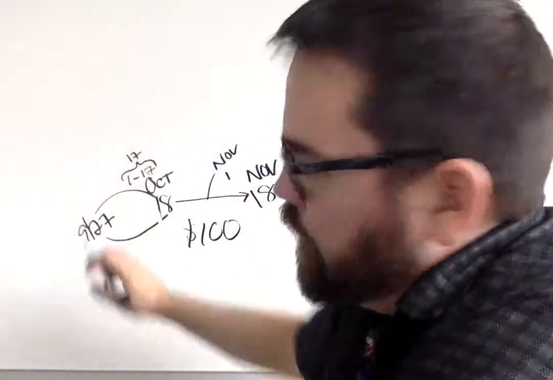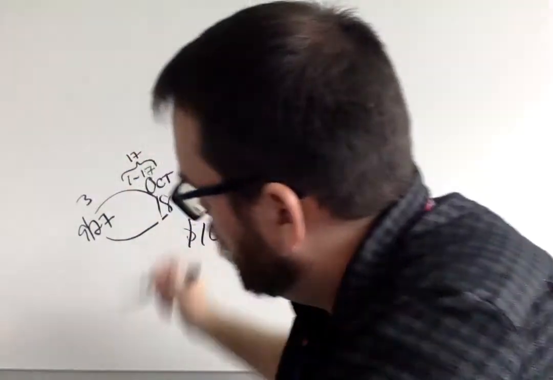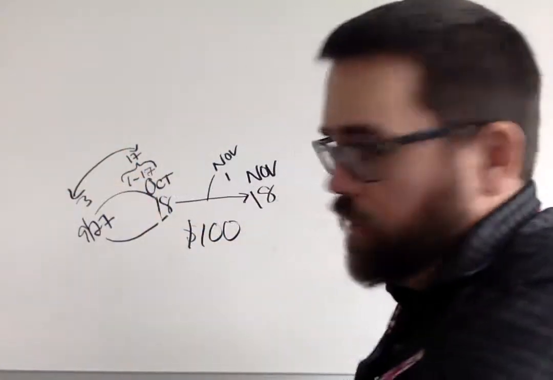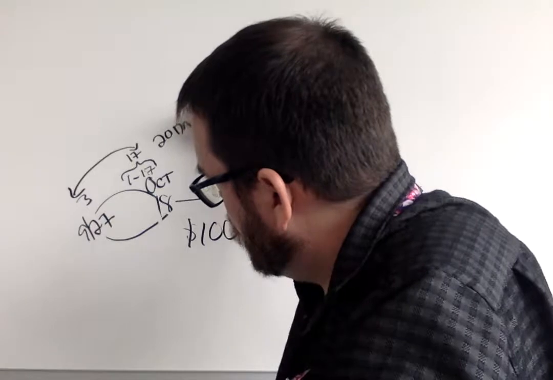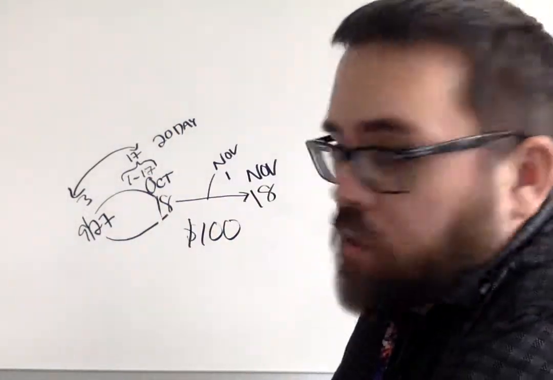Then we've got a few days at the end of September. September has 30 days, so there's 3 days there. So the total period that we're talking about is really 20 days. So we're going to have a 20-day proration between September 27th and October 18th.